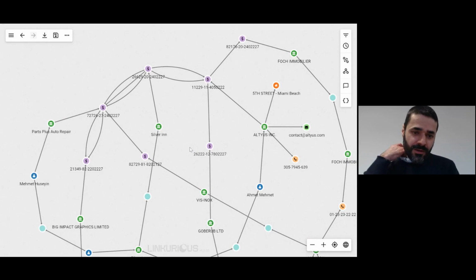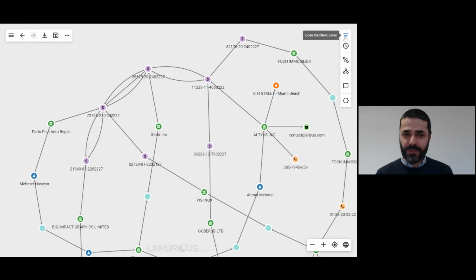So these four accounts that received money from the two initial bank accounts are actually interconnected to one another. And this reinforces the suspicions that we may have.